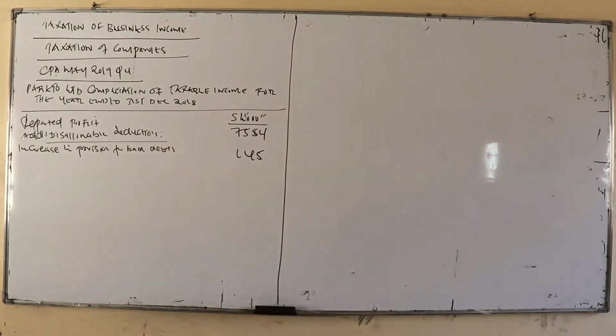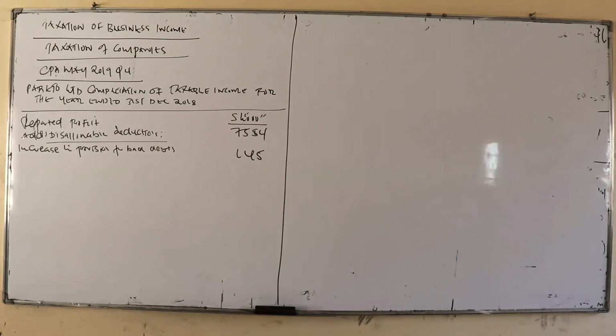And then the next is contribution to NSSF. If you contribute to NSSF on behalf of your employees as a company, that expenditure is allowed, so you leave it. And then advertising. Advertising is supposed to be allowed, but there is a note affecting it, so you check the notes.